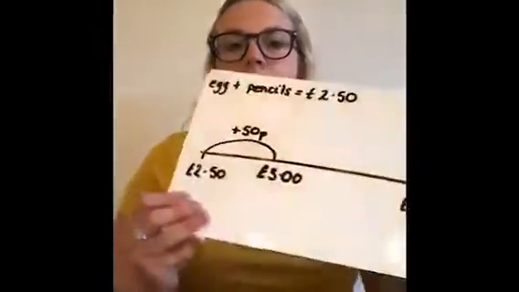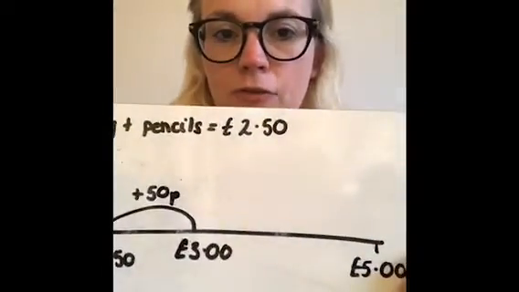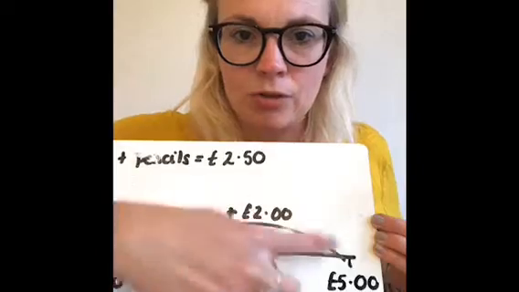Okay, so you want to get to your pounds in terms of money. So I'm adding on 50 pence to get to £3. Now I just need to get from £3 to £5. So I can do that in one jump, can't I? Because I know the difference between £3 and £5 is how many pounds? It's £2, isn't it? So I can jump up from £3 to £5 and just add on £2.